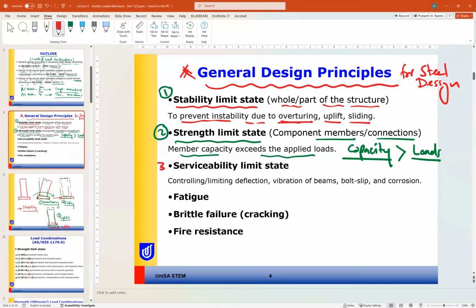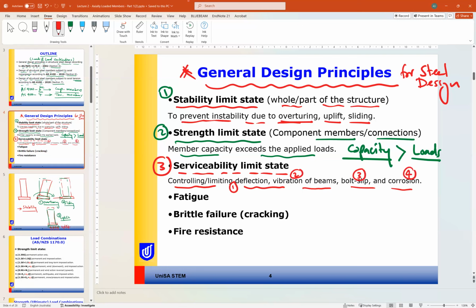The third criterion we have is the serviceability limit state, which controls and limits the deflection, vibration of beams, bolt slips, and corrosion. So serviceability is focused more on the deformation of the building, like deflection or vibration or bolt slips, and can also consider corrosion.